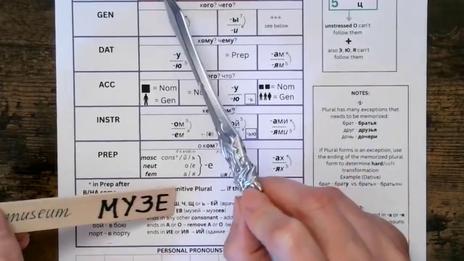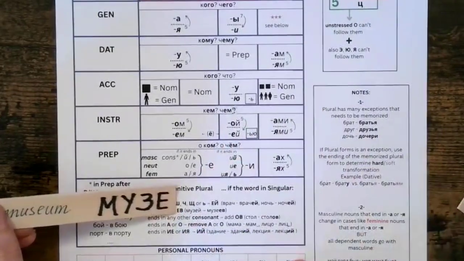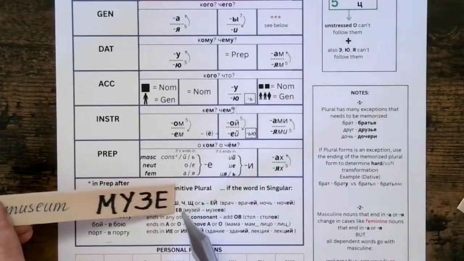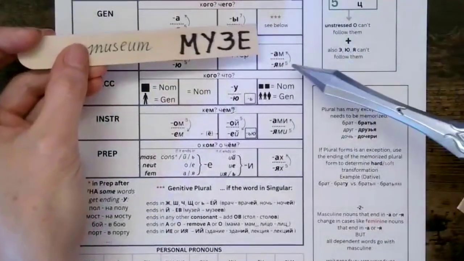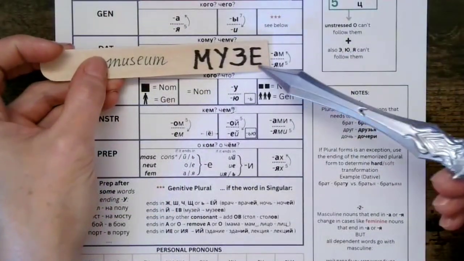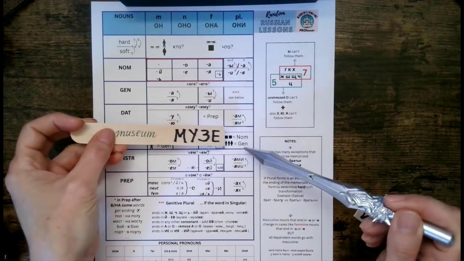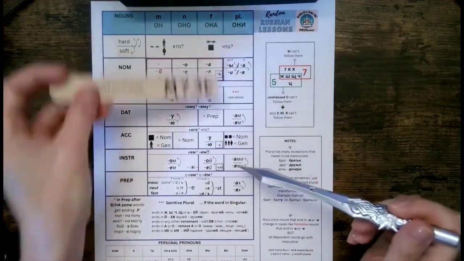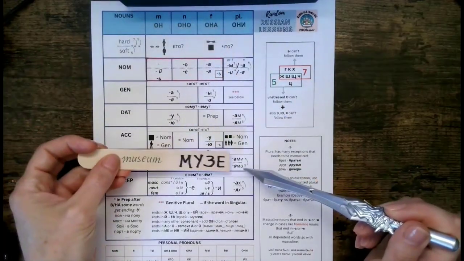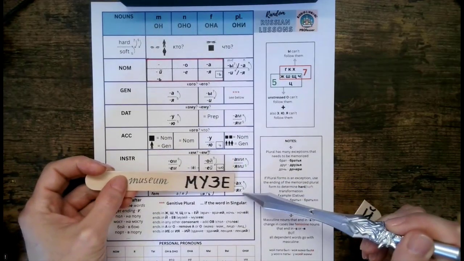Again, и краткое disappears, remember we put it away, and we add the ев. Музеев, музеев. Dative: soft stays soft, so we go to the soft ending. Музеям, remember, not affected by the 5-letter rule. Here we go back to nominative. Музеи. In instrumental we go back to soft because soft stays soft. Музеями or музеях.